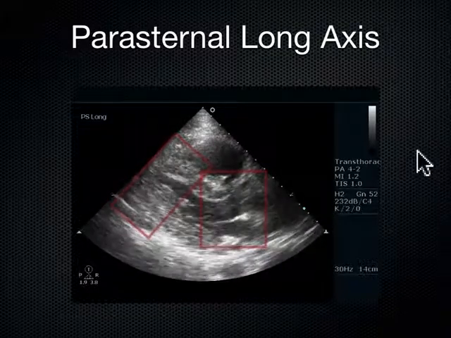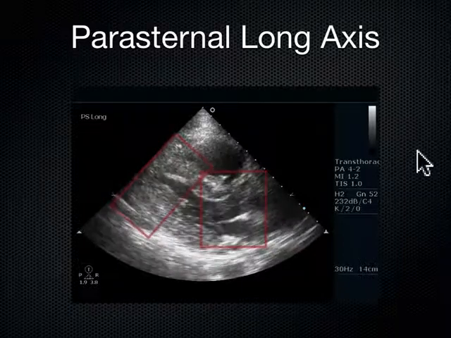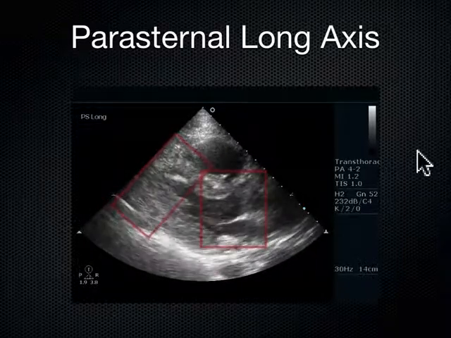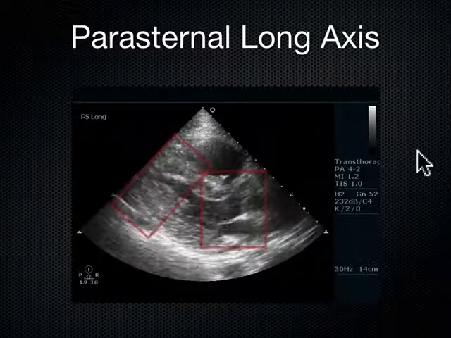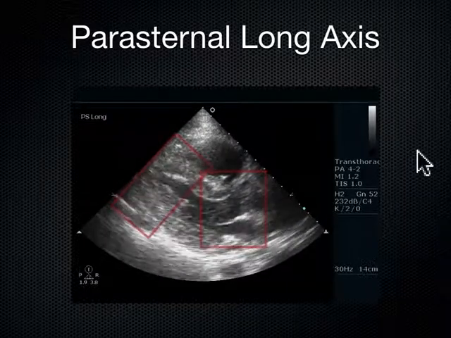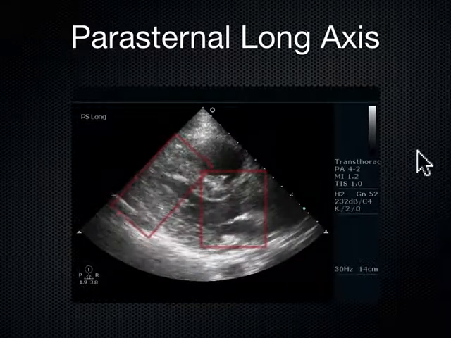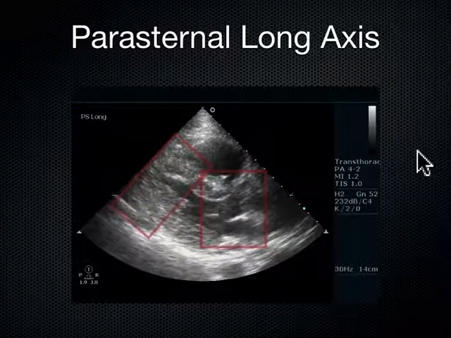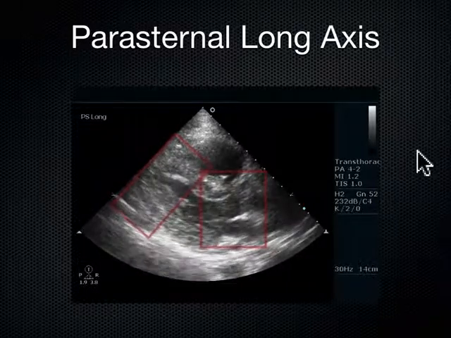Well, if I can see the mitral valve on the screen, I'm pretty much at the midpoint of this person's heart. I'm not off to one side or the other. I'm straight down the exact long axis of this heart.